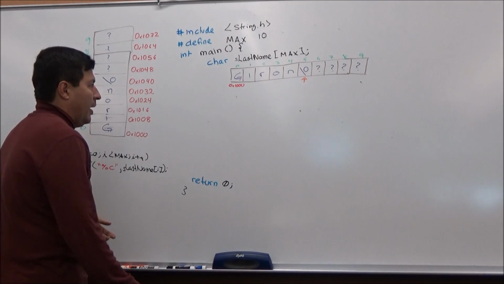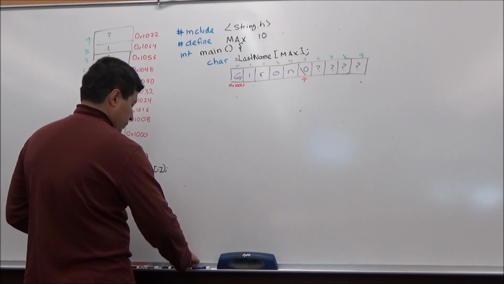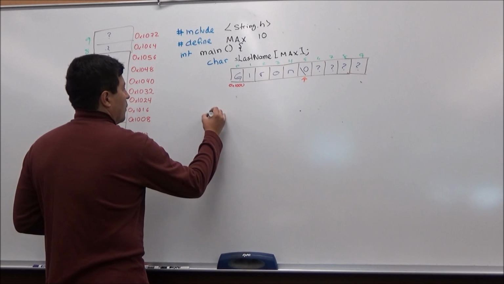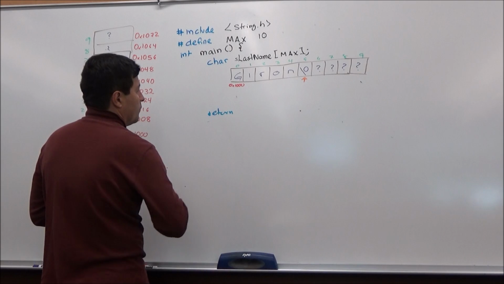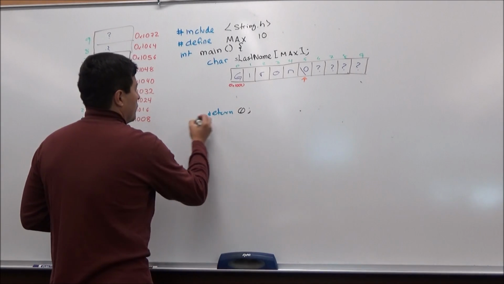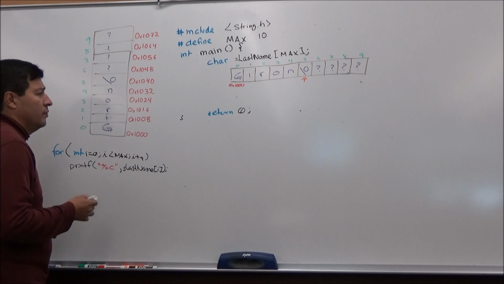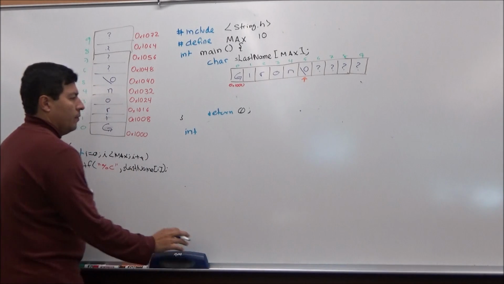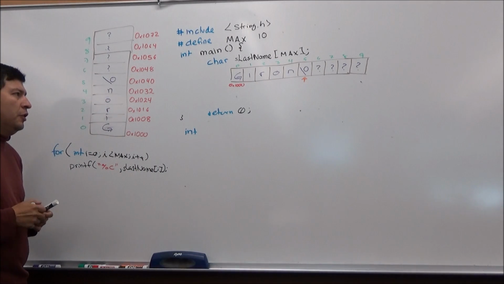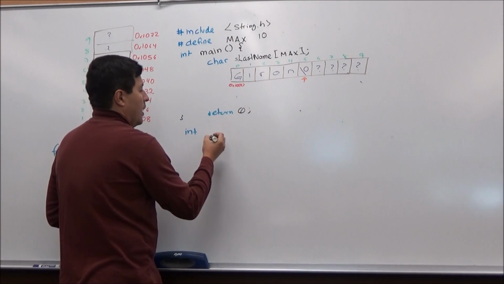Let's say I want to make a function for this. I'm going to write it below. Let's see, this returns an integer because it's a whole number, and I want to know how long that is.